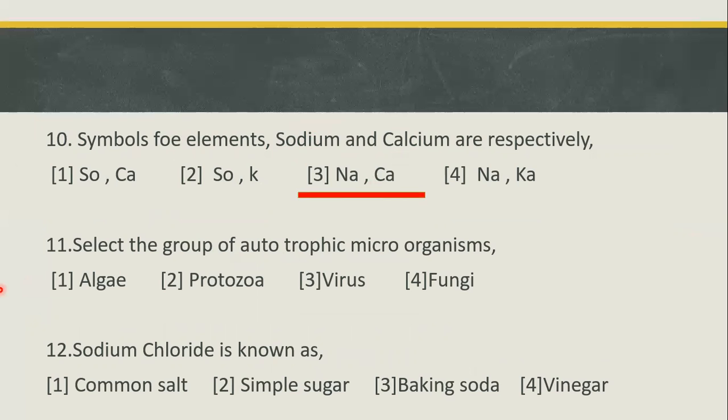Select the group of autotrophic microorganisms: algae, protozoa, virus, fungi. From these four microorganisms, algae make their own chlorophyll and carry out photosynthesis, so they are autotrophic microorganisms.